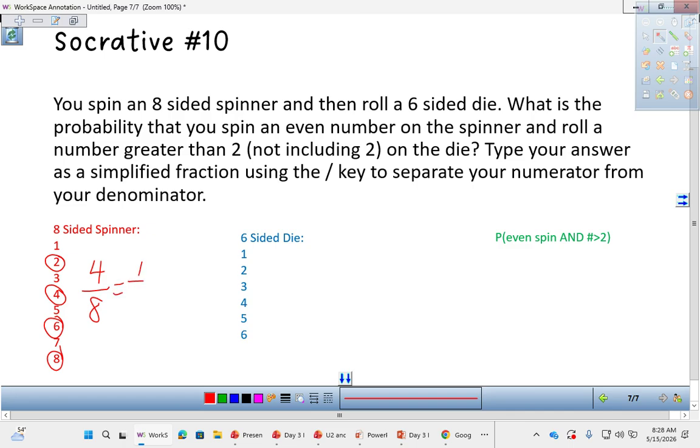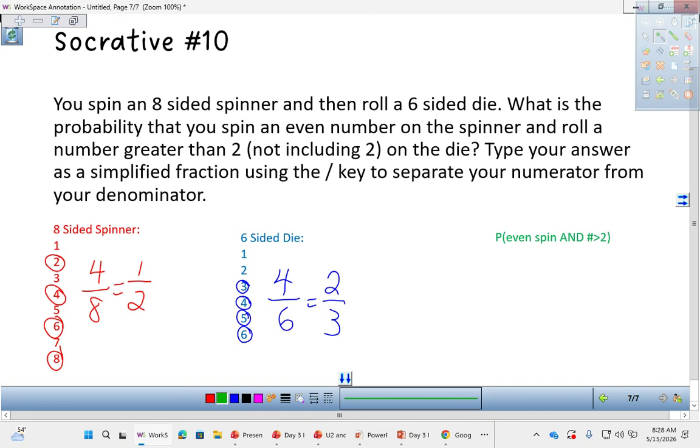So that is 1/2. All right, so that's my first probability. My second one says that I want to get a number greater than 2, not including 2. I want it to be bigger than 2. 3, 4, 5, 6. All right, so 4 out of the 6 numbers are greater than 2, and that reduces to 2/3.